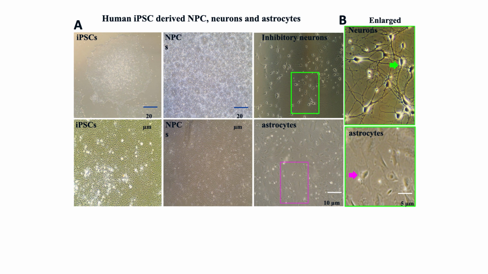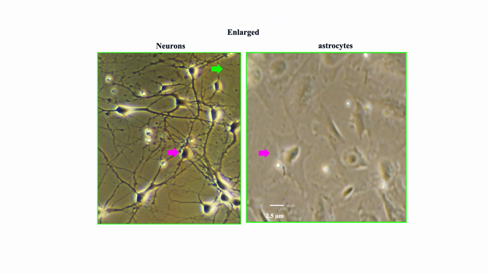Basically we reprogram from iPSC into neurons or astrocytes, depending on which experiment we want. These are very nice inhibitory neurons and also astrocytes. These are all live cells just before we do the experiment. This is the enlarged version.